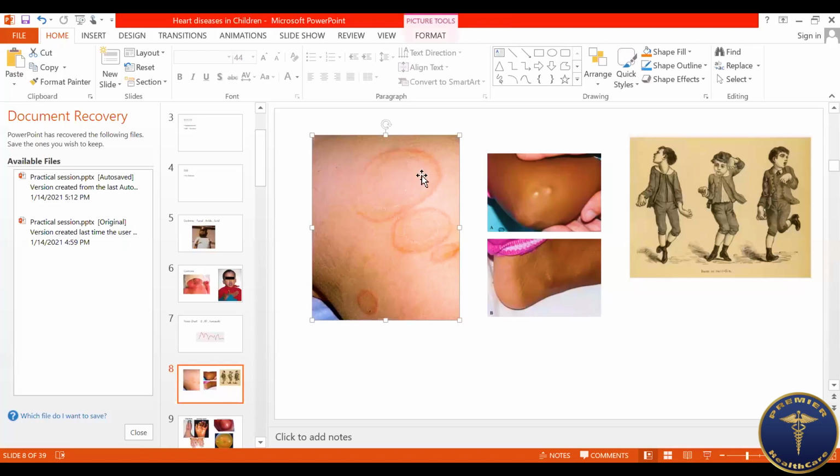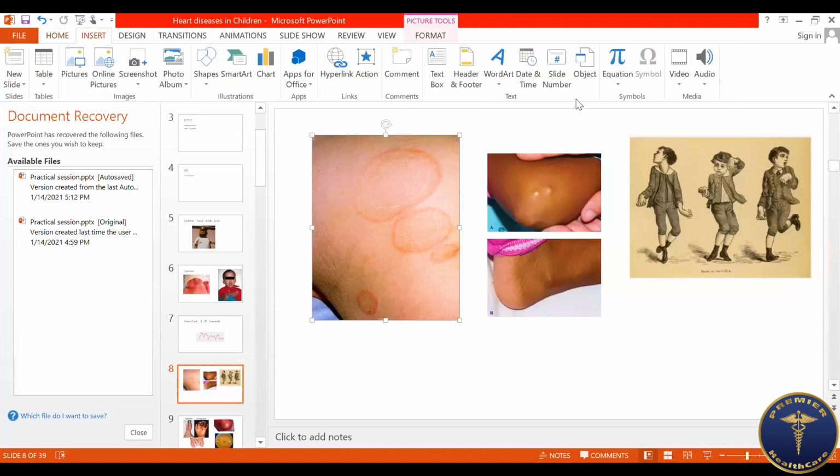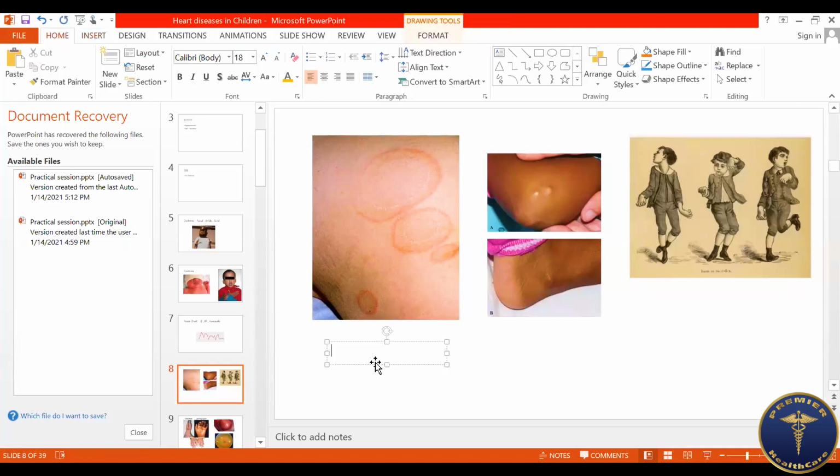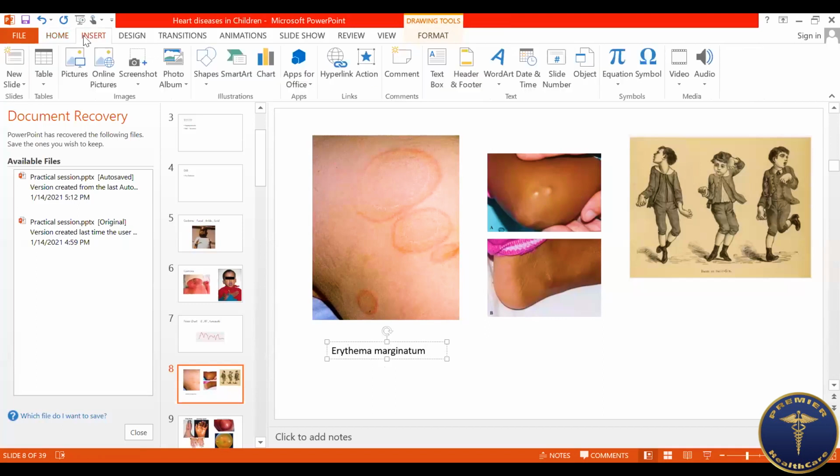This round rash is known as Erythema Marginatum, right? So this is one of the rashes you would get related to rheumatic fever. Rheumatic fever can cause something called erythema marginatum.